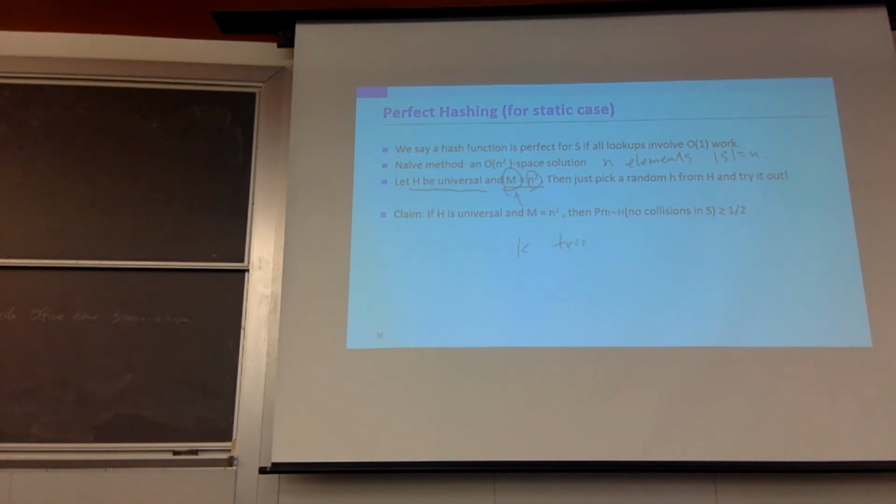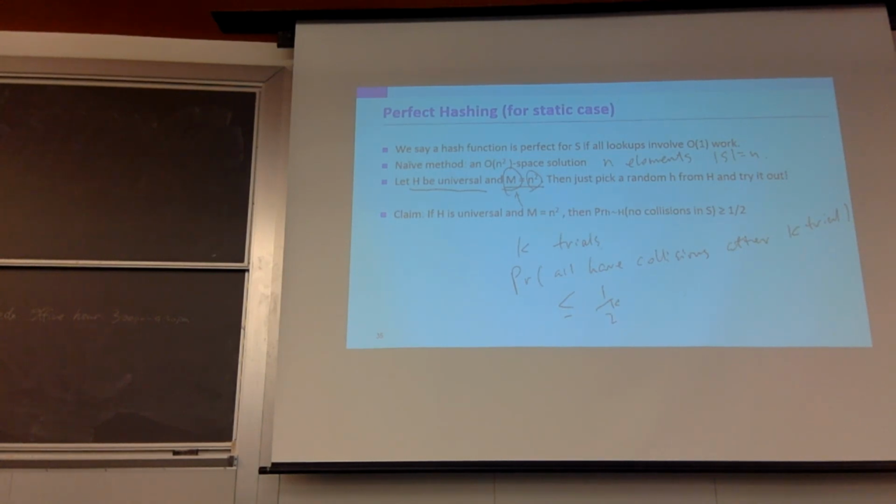After k trials, the probability that all of them have collisions is going to be smaller than or equal to 1 over 2 to the power of k.